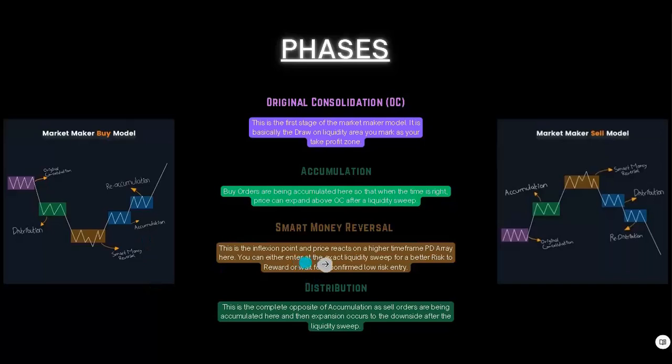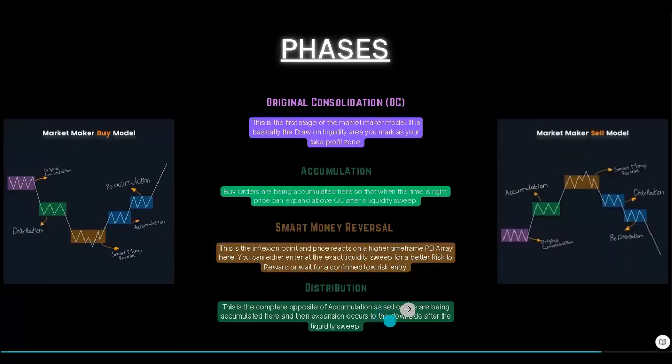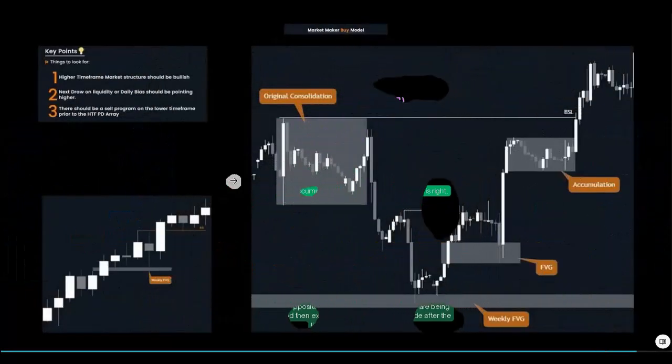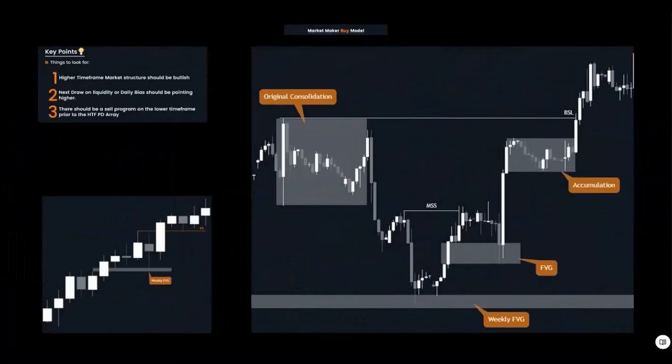You can either enter at the exact liquidity sweep down here or up here for a better risk to reward, or wait for a confirmed low risk entry, meaning accumulation or distribution.